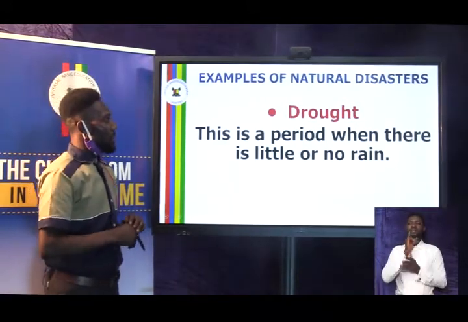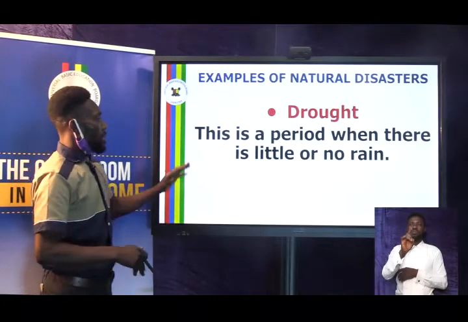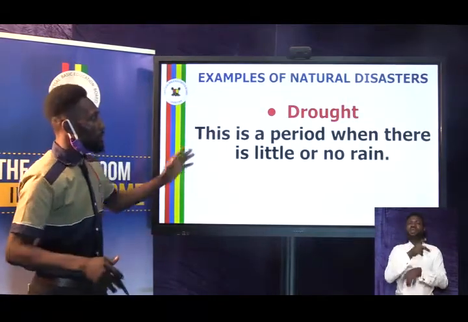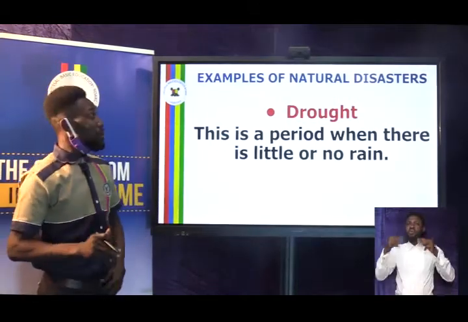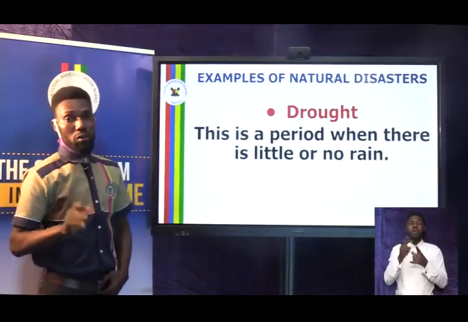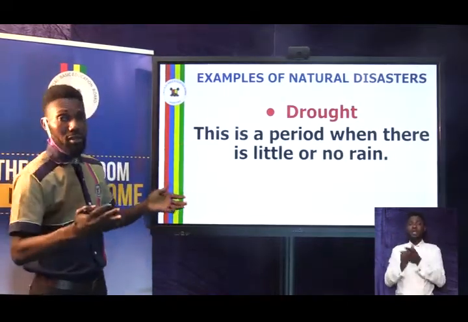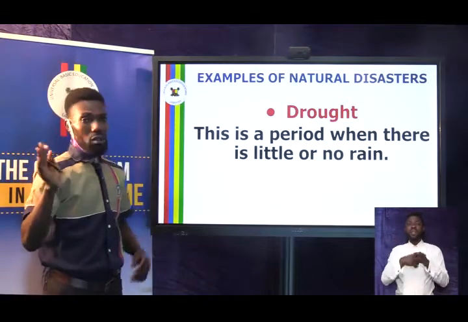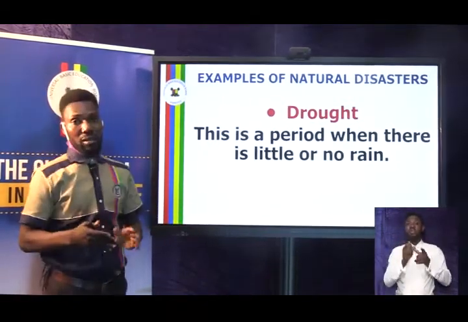Another example is drought. What are we talking about? It's a period when there is little or no rain. We are very lucky in this country that we get rain at the right time, but in some other countries they don't have the privilege or blessing that we have in this country.